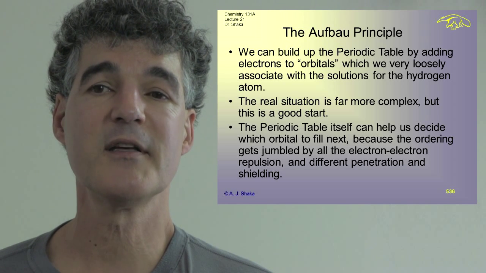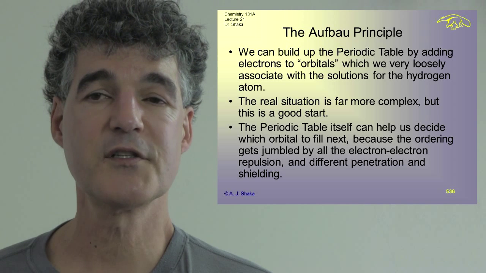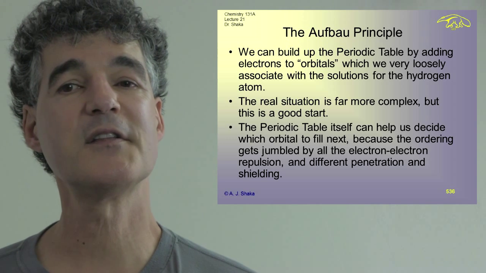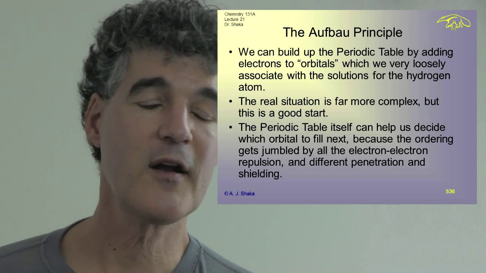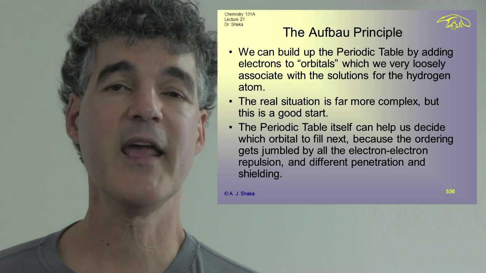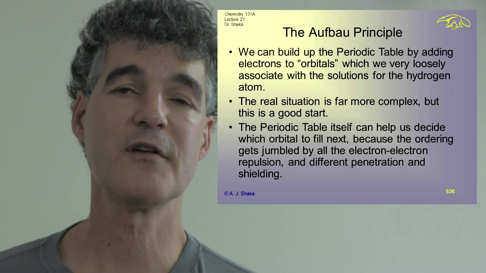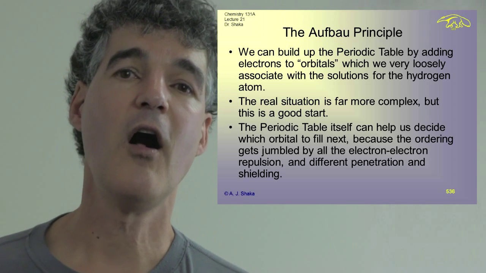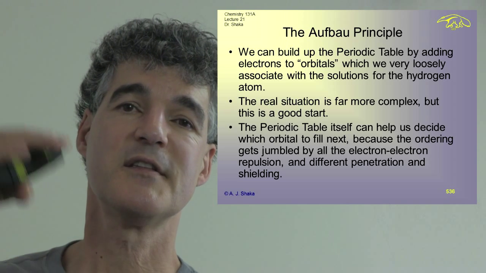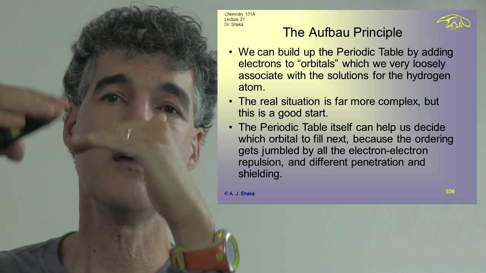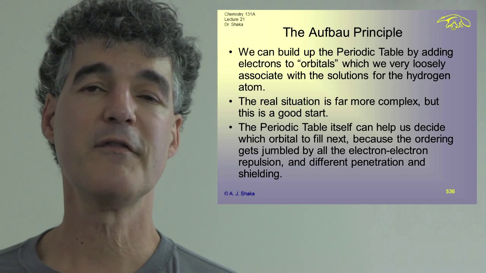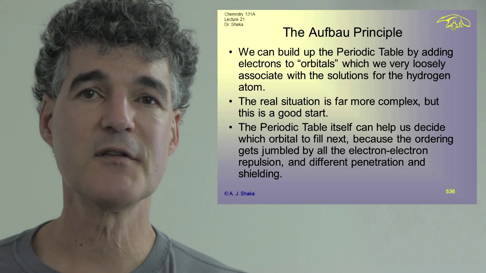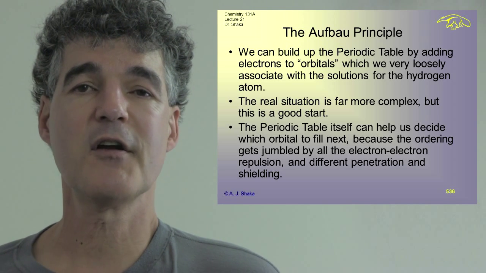The periodic table itself can help us decide which orbital we're going to fill next, because the problem is the ordering gets jumbled by all the electron-electron repulsion. We can't solve for the hydrogen atom where there's no electron-electron repulsion and then expect that all our solutions are going to be the same and have the same relative ordering of energies when we've got 18 electrons orbiting around and all these repulsive terms and all these effective charge distributions.